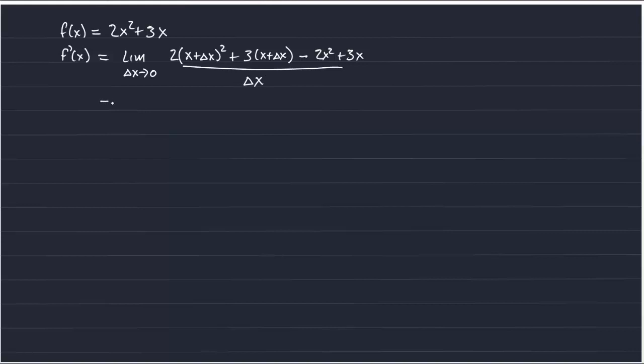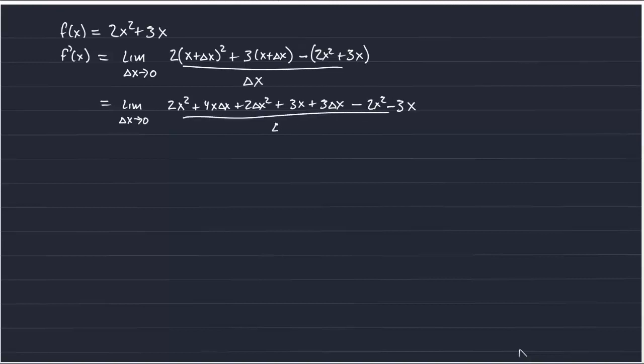And that equals 2x squared plus 4x delta x plus 2 delta x squared plus 3x plus 3 delta x minus 2x squared minus 3x all over delta x.